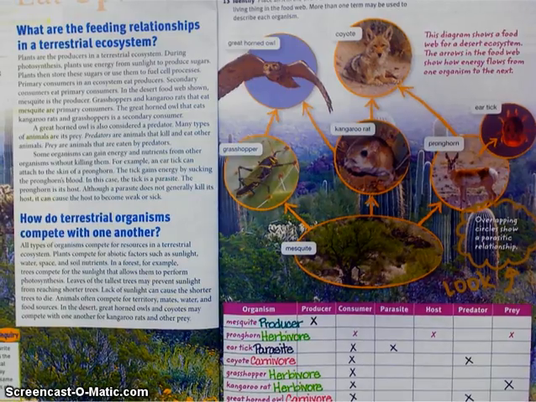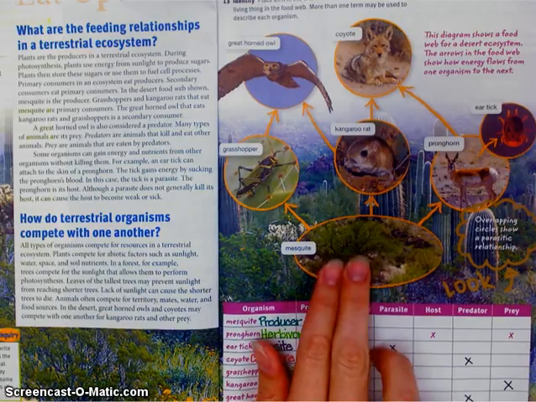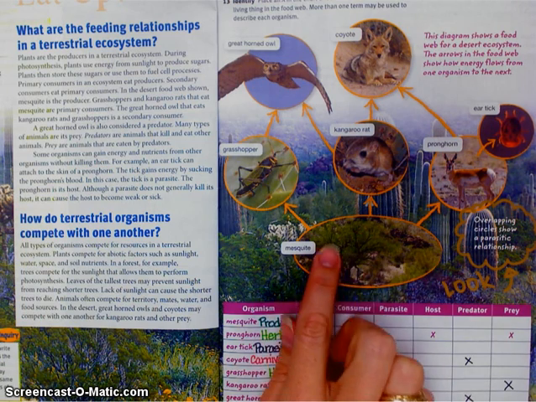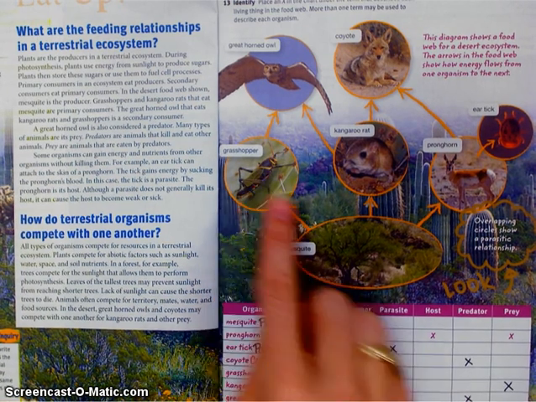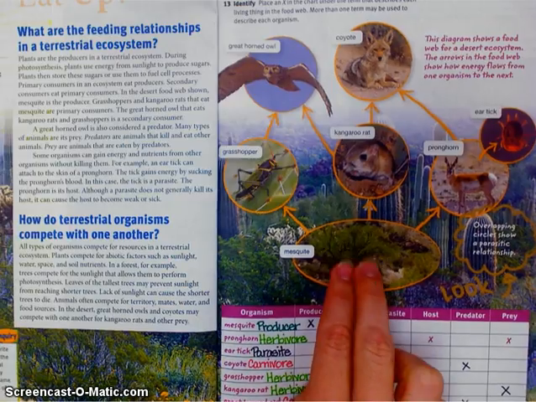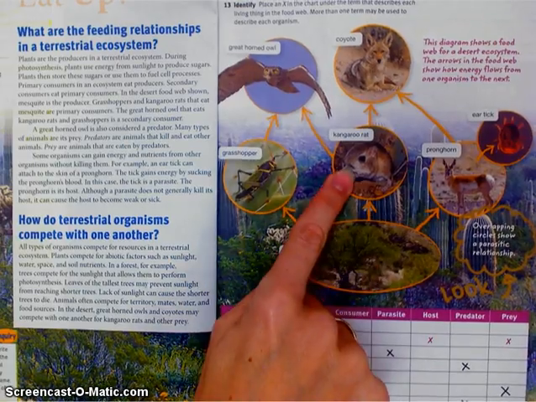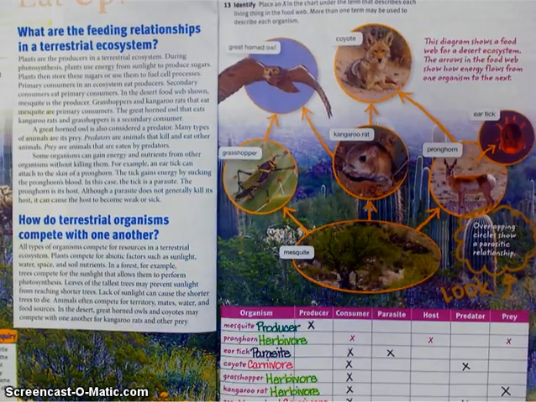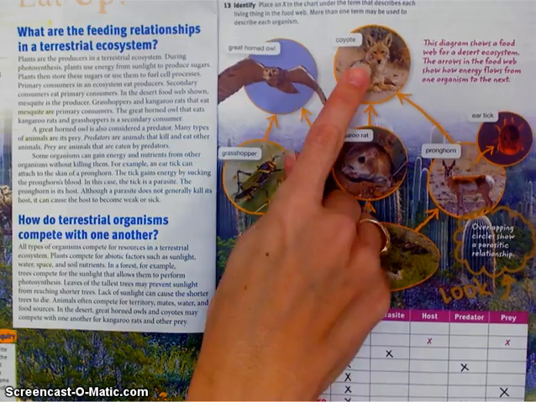Remember that your arrows point to where the energy is going. The energy from the mesquite tree is being transferred to the grasshopper when the grasshopper eats the mesquite tree. The mesquite's energy is being transferred to the kangaroo rat when the kangaroo rat eats the mesquite tree, etc. The coyote is getting energy from the kangaroo rat.